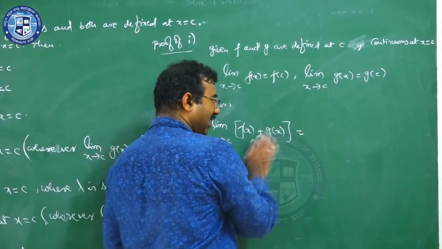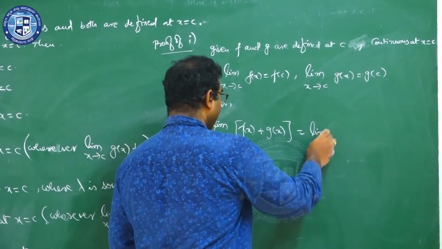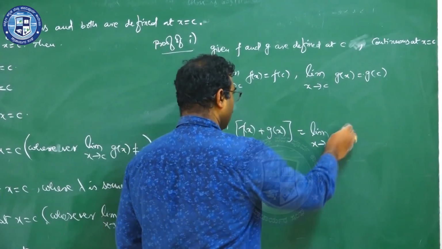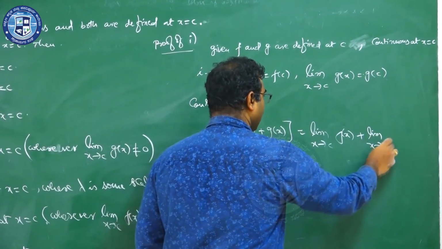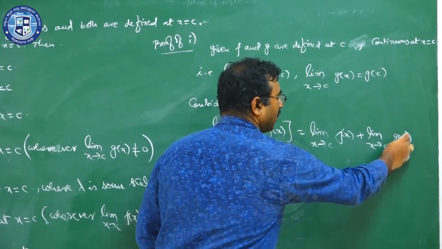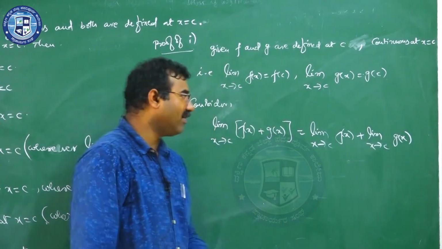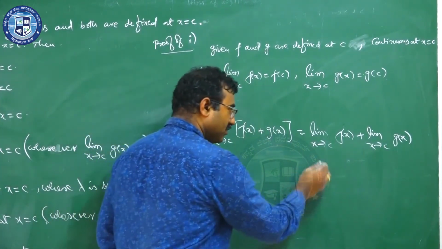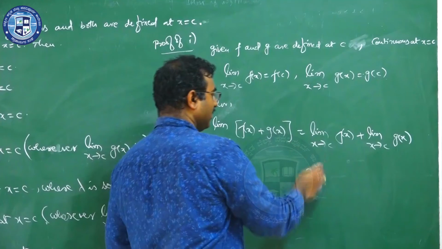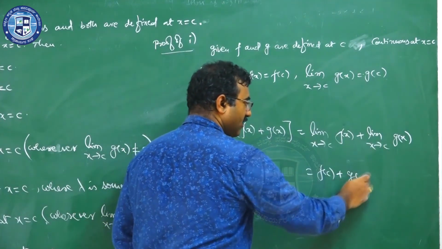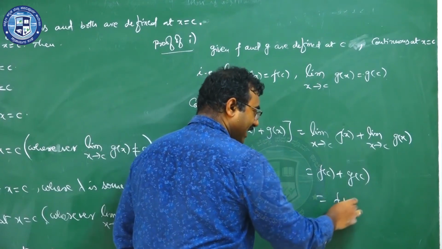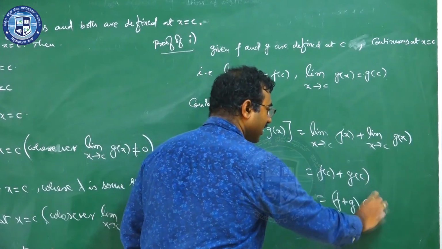By the algebra of limits, we know limit x tends to C f(x) plus limit x tends to C g(x). This value is the same as f(C) and this value is the same as g(C). Put together, we can write (f plus g)(C).